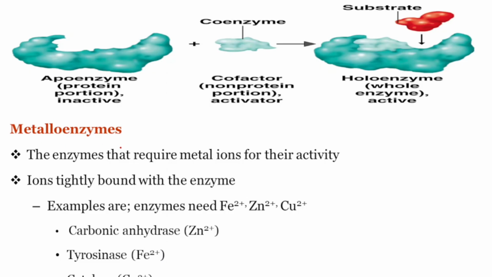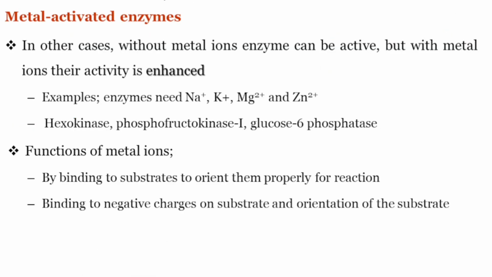These metal ions are for the activity of this holoenzyme. It is necessary, right? If this is lost, the enzyme does not function properly. Also, there is another enzyme which is called metal activated enzyme.